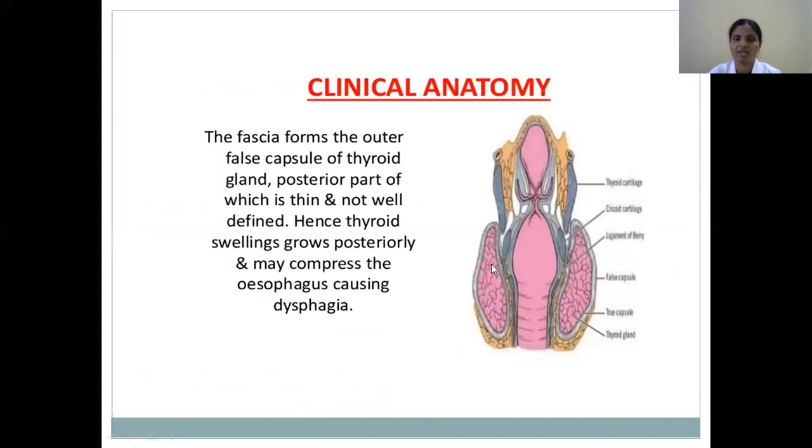That is why, in case of swelling of the thyroid gland, it can easily grow backwards and compress the esophagus, leading to dysphagia, which means difficulty in swallowing. So this is an important function here. Because of the ill-defined medial fascia, enlargement of the thyroid may extend backwards and compress the esophagus.